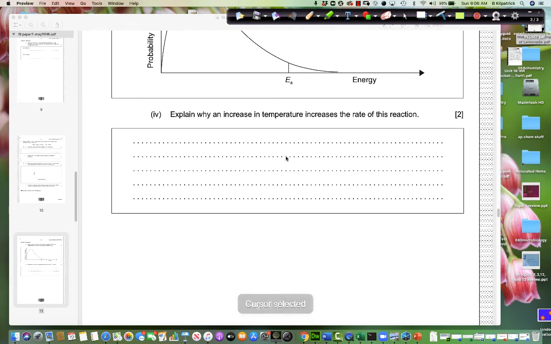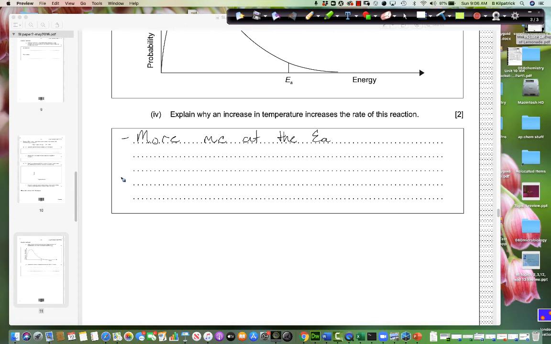Okay, explain why an increase in temperature increases the rate of the reaction. So you get 2 marks for this. The first mark needs to be that you have more molecules at the minimum energy. So you've got more molecules at the activation energy, so that means that you'll have more successful collisions.